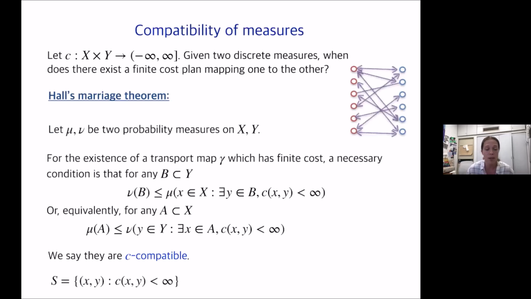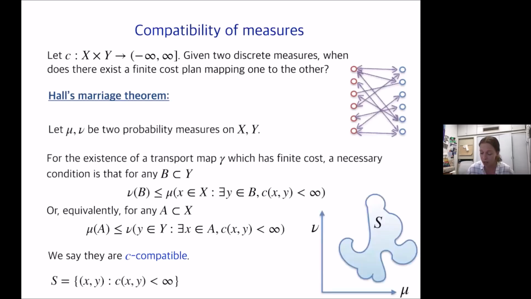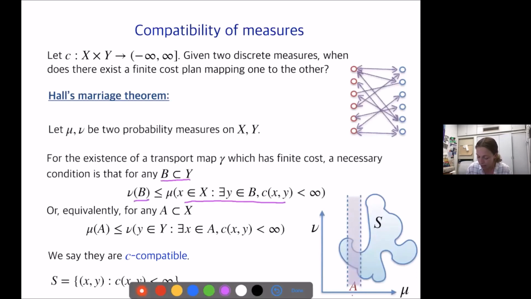Let's put this geometrically. So I called S this finiteness set, all the pairs with finite cost, and here is a picture, okay? So this strange looking octopus is the set where the cost is finite. And for every subset A of mu, this is my subset A, I'm looking at all the points that can be mapped to this A, okay?